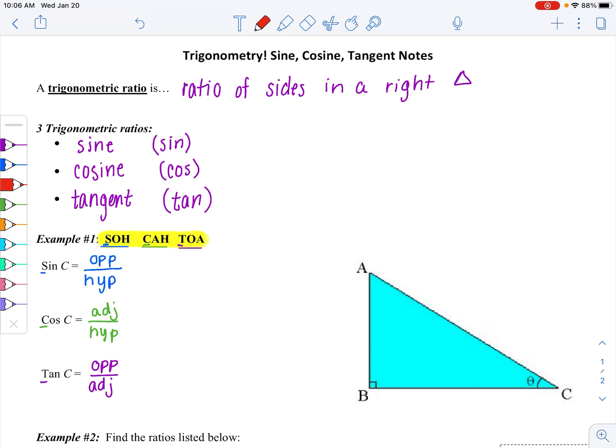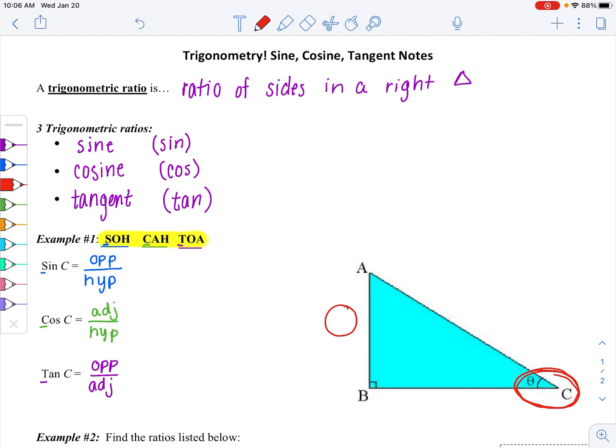We're looking at sine of C, cosine of C, tangent of C. So this angle C is what I like to call the angle of focus. Everything is based off of angle C. The side opposite of angle C is this side over here. So let's label it with a big O for opposite side of my angle.